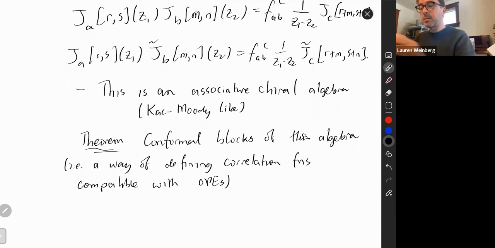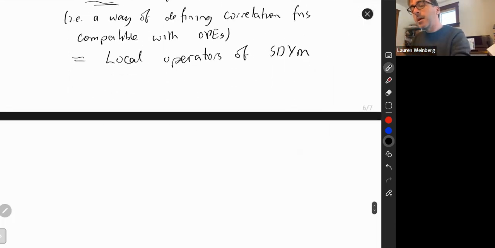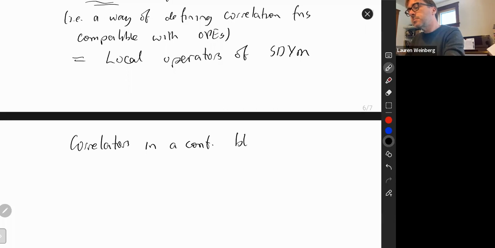So conformal blocks are equal to local operators, and correlators in a conformal block are equal to, because this is a tree-level algebra and we haven't built any loop corrections in, tree-level form factors.